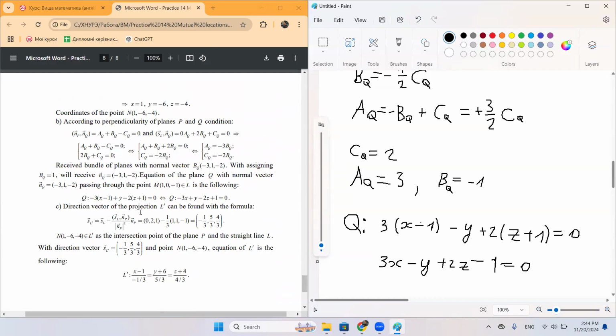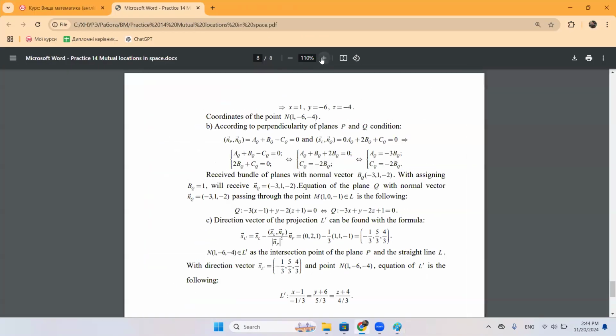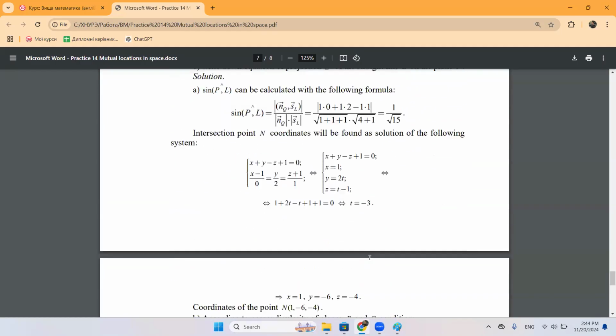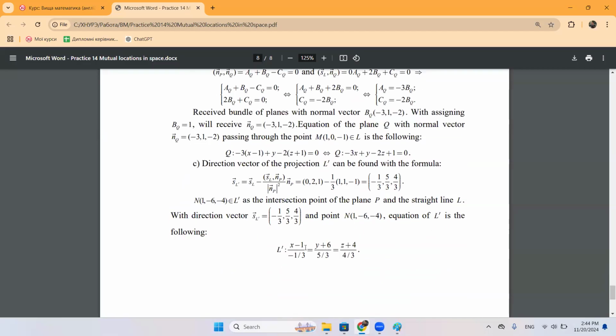It can be found with this formula: from the direction vector we subtract the normal vector of the plane multiplied by the scalar product of direction and normal vector, divided by the squared magnitude of the normal vector. And we have the point N that we found before. So with the direction vector and the point, we write down the equation of L prime.